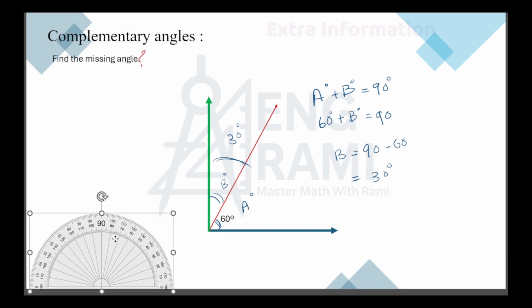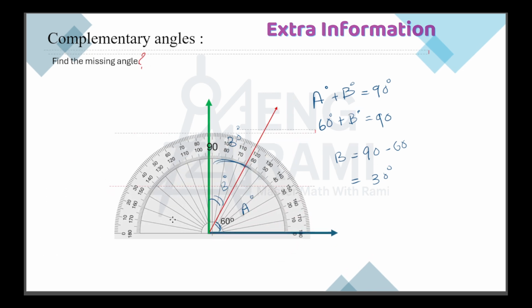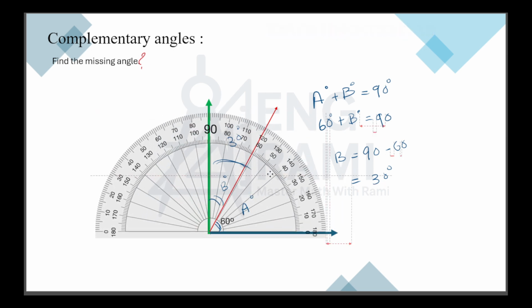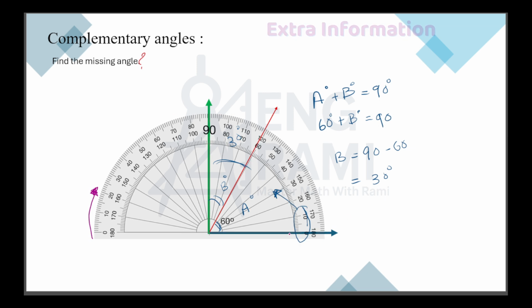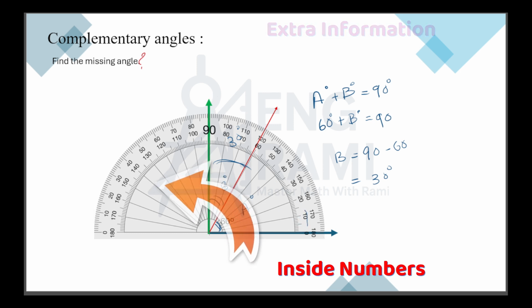If we just bring the protractor to measure the angles, as you can see, the protractor has two numbers. If we want to read the angle counterclockwise, you just use this one.